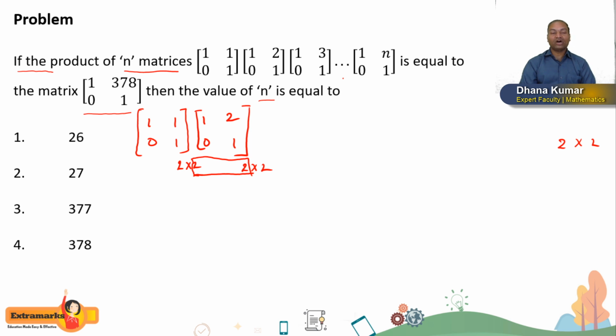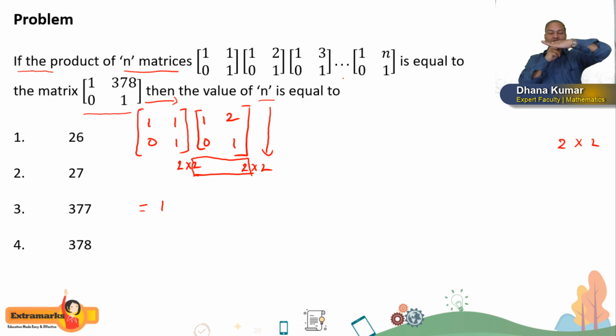But how to multiply? That is our question. How to multiply these 2 matrices? It is just like a 7 shape. The first matrix you take row wise, the second matrix you take column wise.